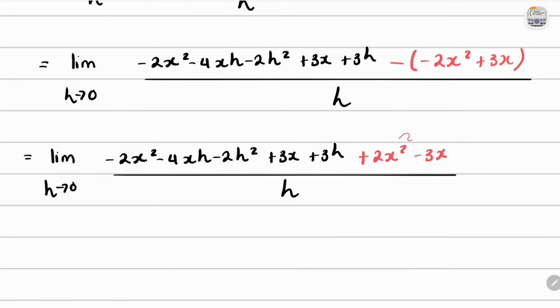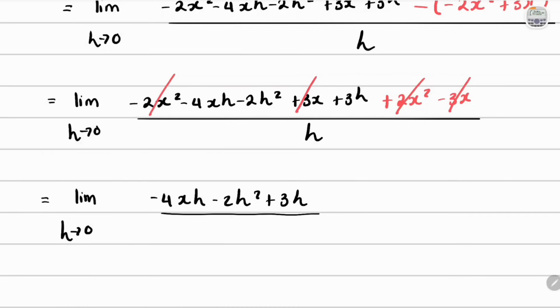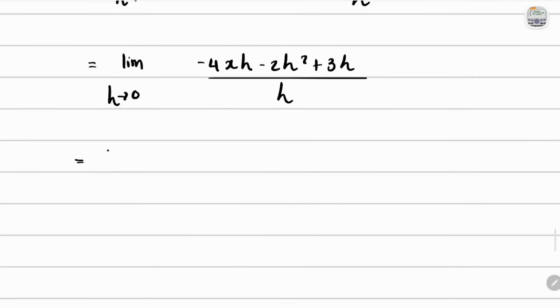So 2x squared cancels with negative 2x squared, and negative 3x cancels with positive 3x. So we just have the limit as h approaches 0, and we have negative 4xh minus 2h squared plus 3h all over h.